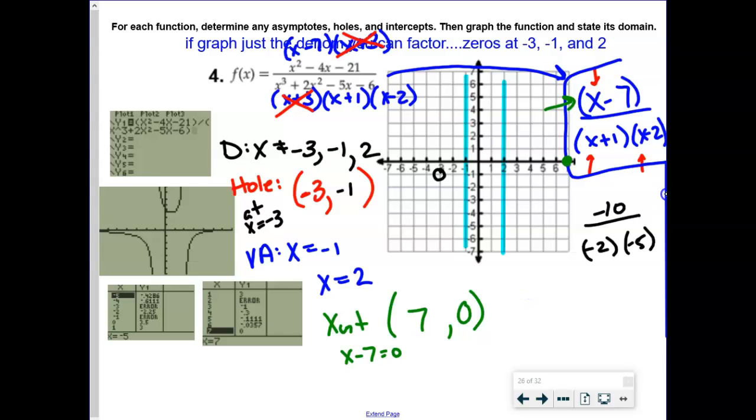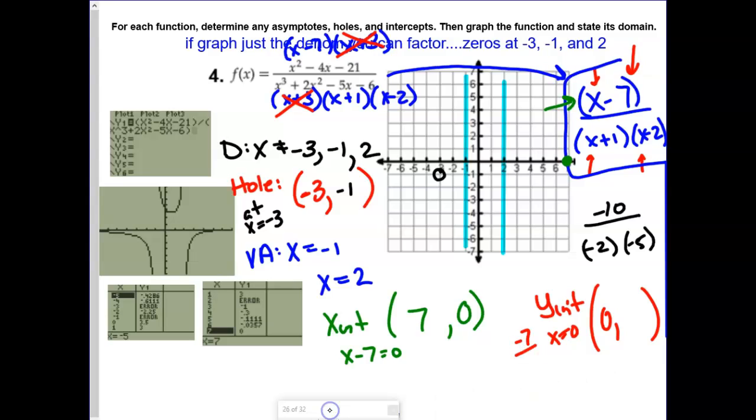And then my Y-Intercept would be a plug-in x equals 0 moment. And again, go back to the reduced version. Well, that's a lot of thinking. Okay, so that's -7 over 1 times -2. So -7 over -2 is 7/2. You can call that 3.5, of course. So we have a y-intercept at 3.5.